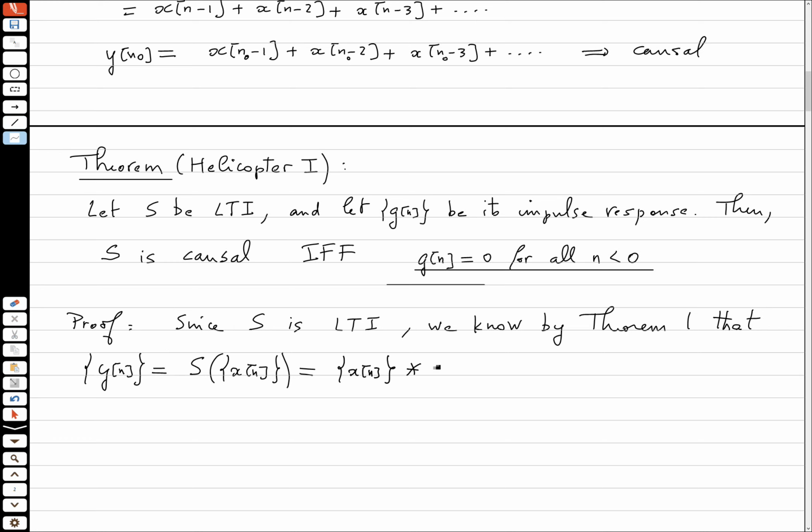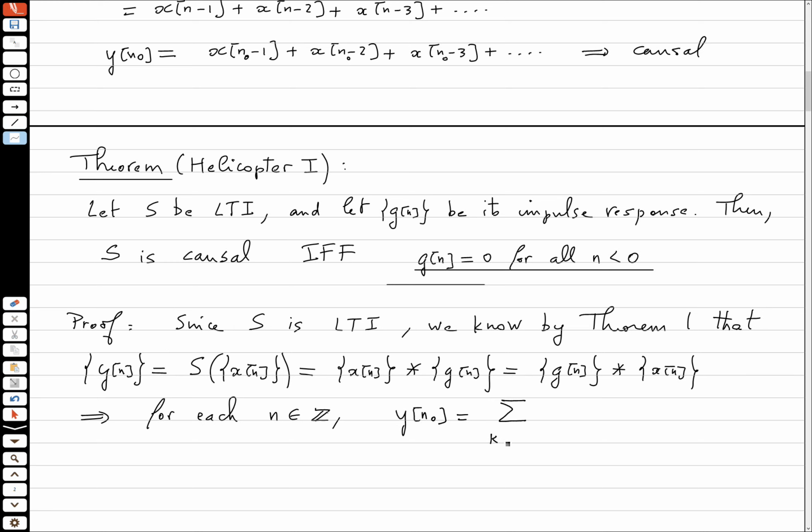So I can write it this way, but it will be more convenient to write it like that, using commutativity, because then this implies that for each n, actually I can write directly with n naught: y of n naught is the sum of g of k x of n naught minus k.